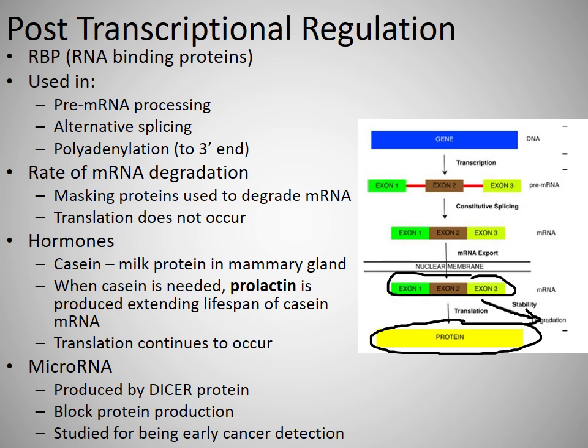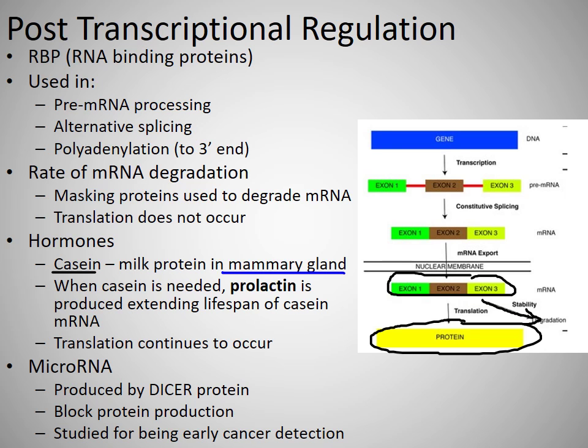Now on the flip side, if specific mRNA transcripts need to be extended inside of the cell and more protein needs to be made, a signal or a specific hormone will be used to extend the lifespan of specific mRNA molecules. Casein is the example here. Casein is a protein found in the mammary gland, in women's breasts.